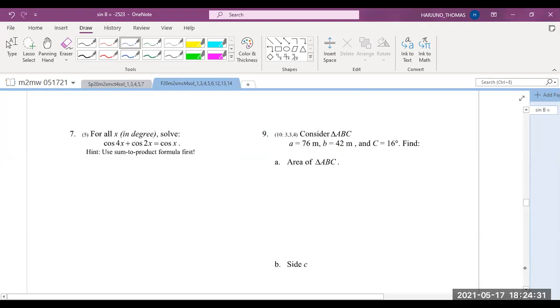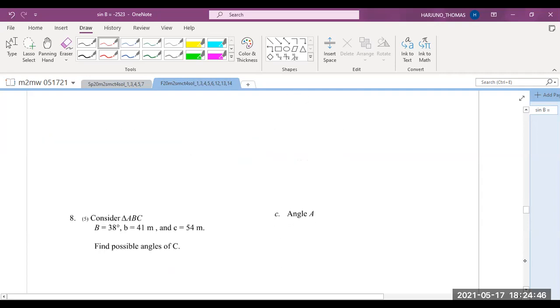Number 7, for example, is something we learned in 6.5. Now number 9 here, this is 7.1, 7.2.